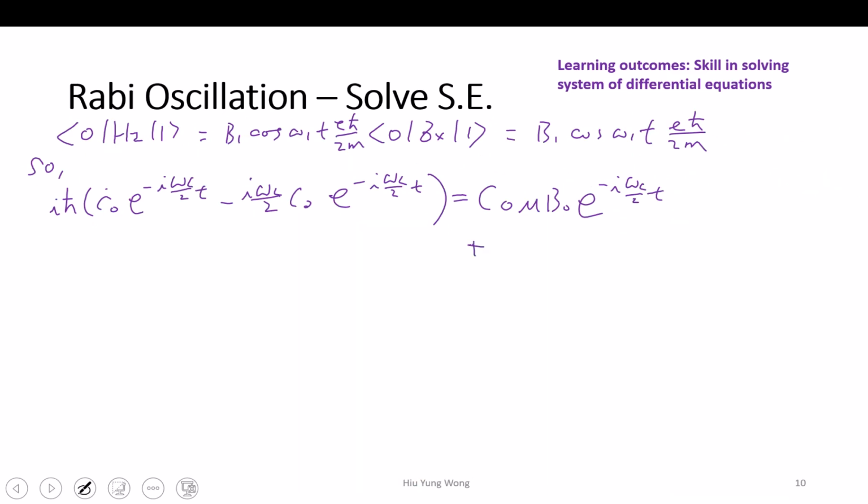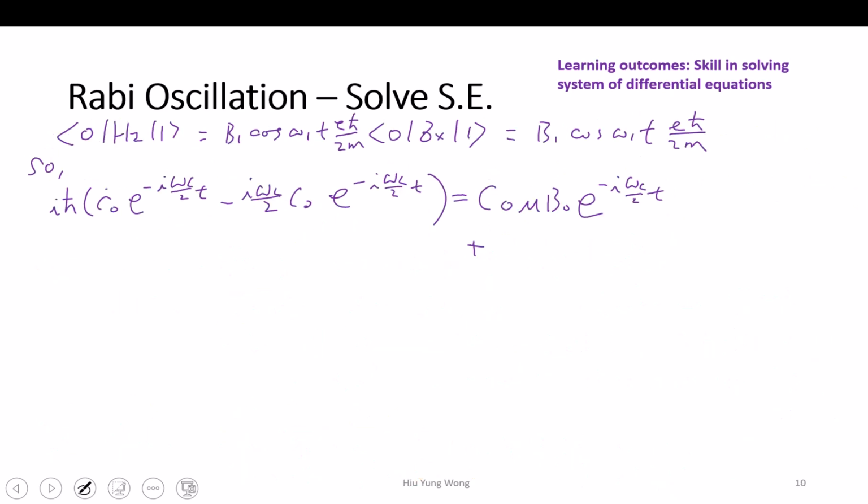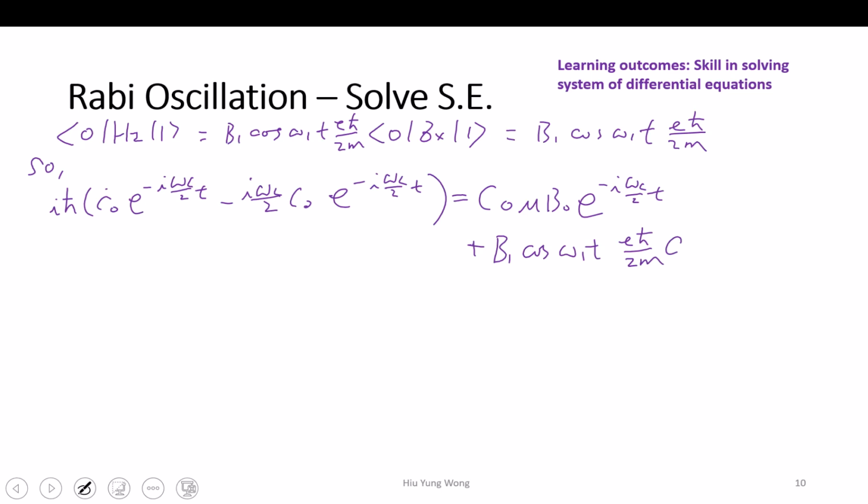plus this H1 times this one, right? So this one, as we showed here, is B1 cosine ω1t times eħ divided by 2m, and then we have a C1 and e to the power iω_L/2 t.